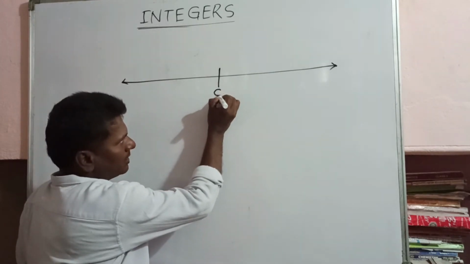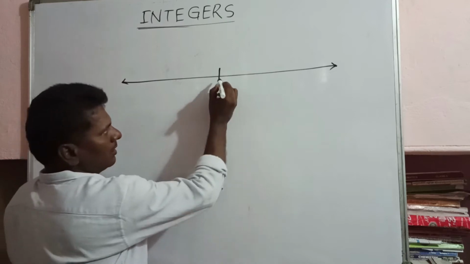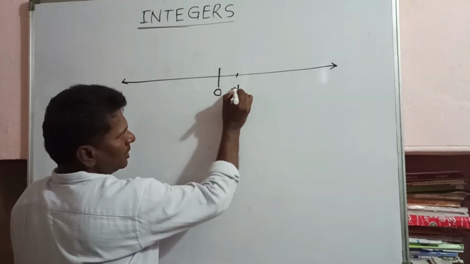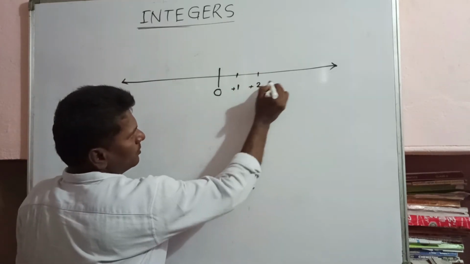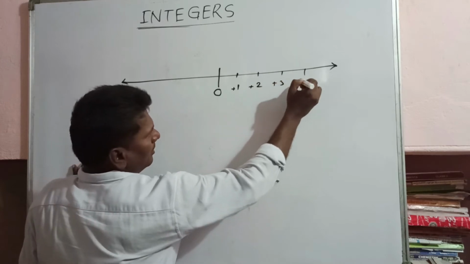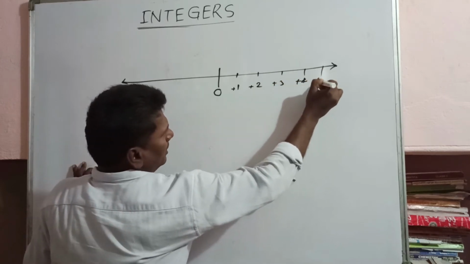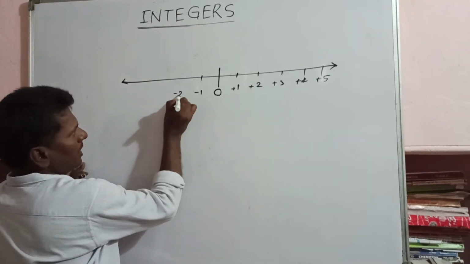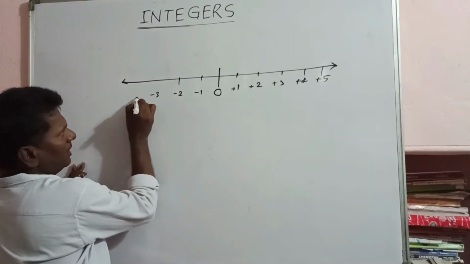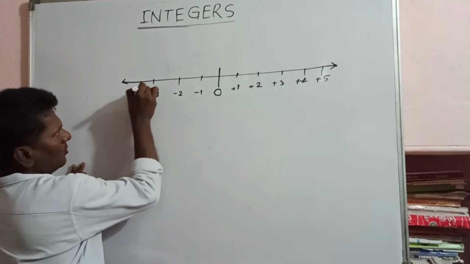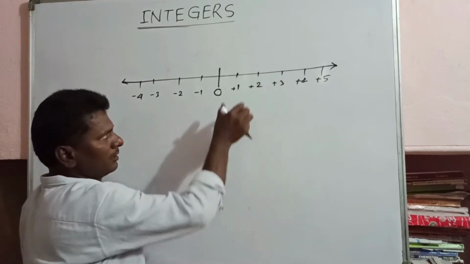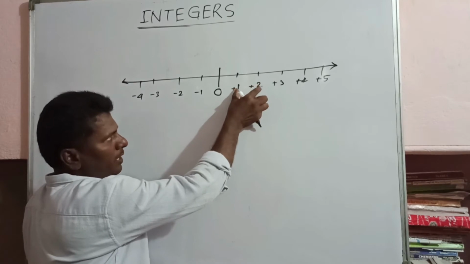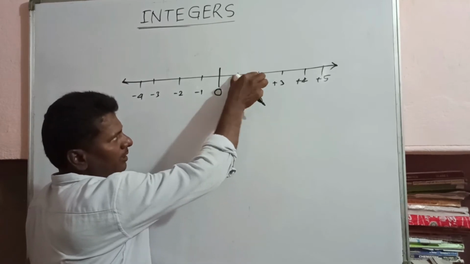It is considered as 0. This is +1, +2, +3, +4, and this is +5. Then -1, -2, -3, -4. The distance between any 2 points of these should be the same.